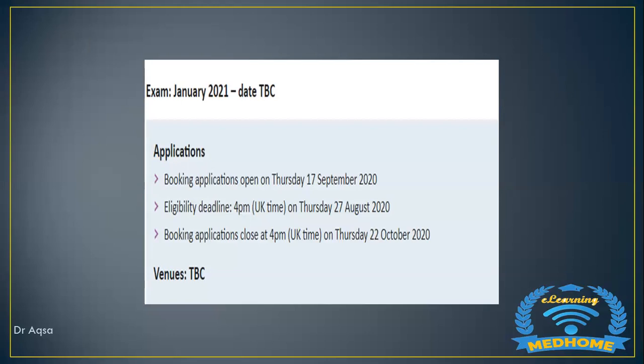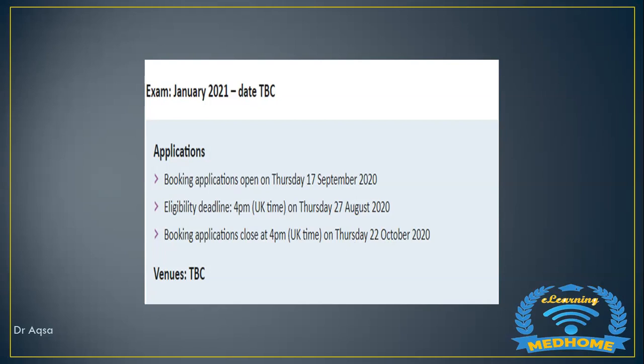Now the date for this eligibility form has already gone, that it was Thursday, 27th of August, 2020. The application for the exam forms is opening day after tomorrow, that is Thursday, 17th of September, and will close after 1 month, on Thursday, 22nd of October, 2020.